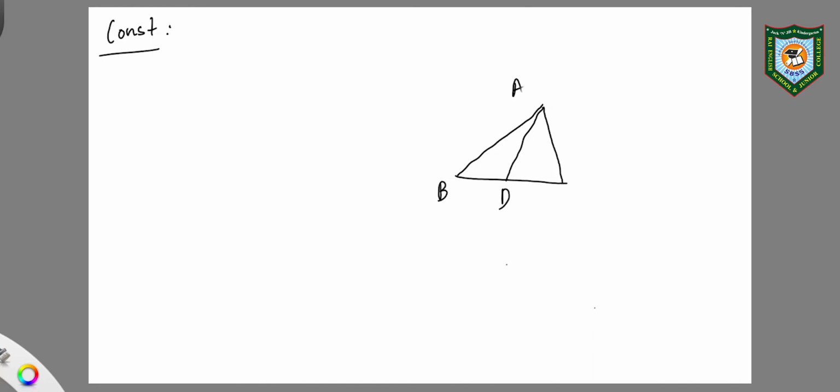D, B, and C. Now, as we have learned BPT, we need to have two parallel lines.